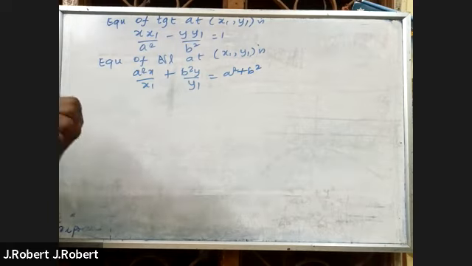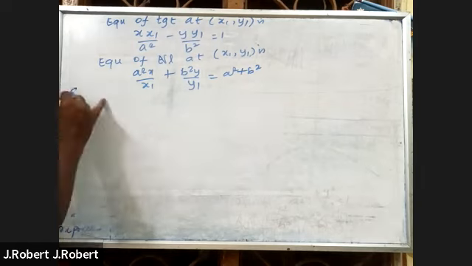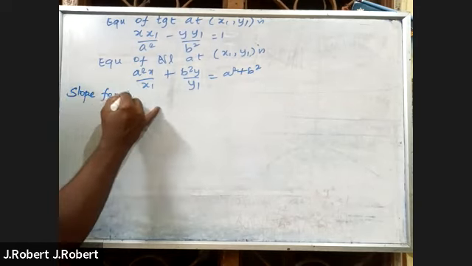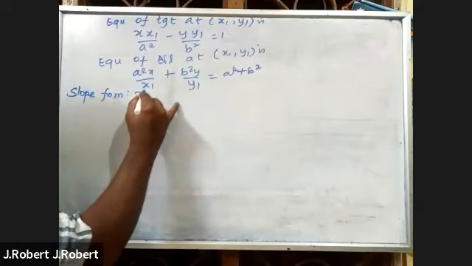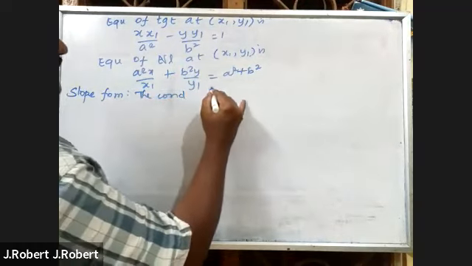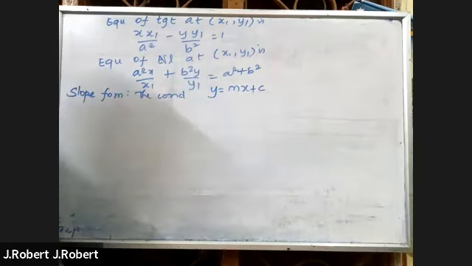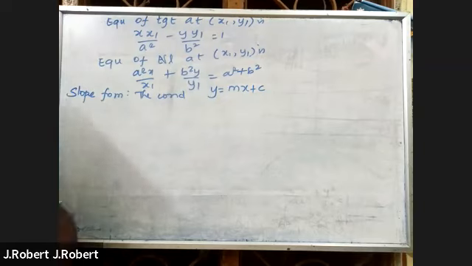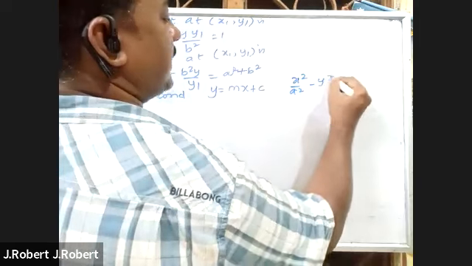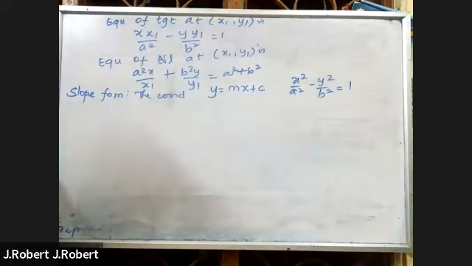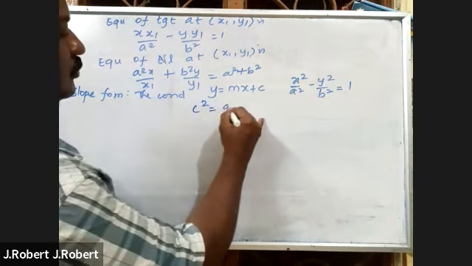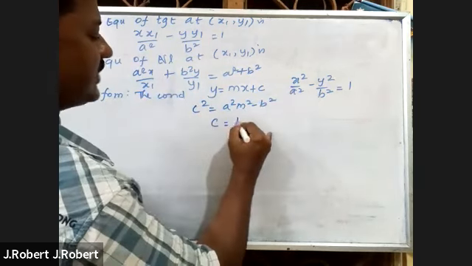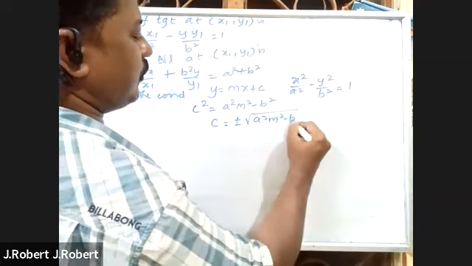Next, slope form. The condition that the line y is equals to mx plus c may be a tangent to the hyperbola x square by a square minus y square by b square is equals to 1 is the condition that c squared is equals to a square m square minus b square, or c is equals to plus or minus root of a square m square minus b square.